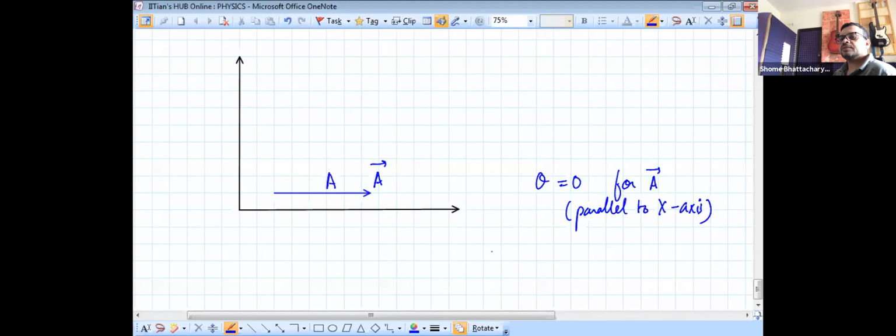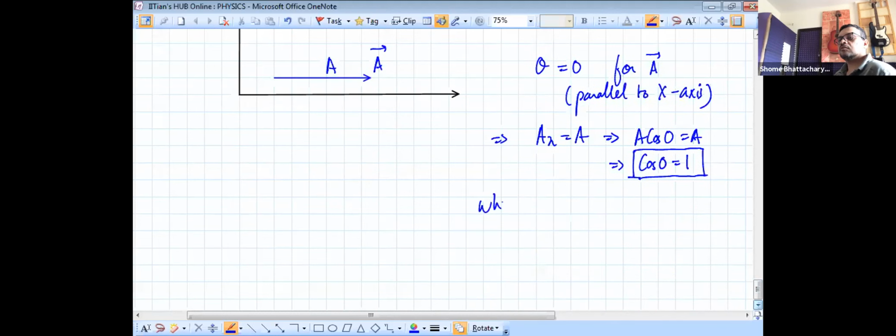That means whatever the magnitude is should be the x component. So what does that show you? That E cos 0 is E, which means cos 0 has the value of unity. Whereas EY should be 0. That means E sin 0 should be 0, which means the value of sin 0 is 0.